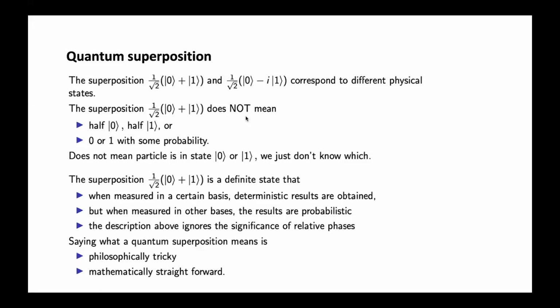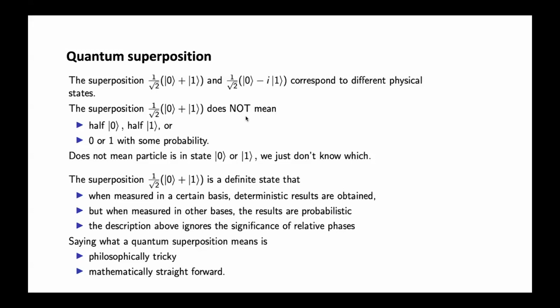The superposition 1 divided by square root of 2, 0 quantum state plus 1 quantum state, does not mean that the particle is half the time at 0 and half the time at 1. Or it does not mean that the particle is at two positions with some probability. It does not even mean that the particle is in state 0 or 1, we just don't know which.